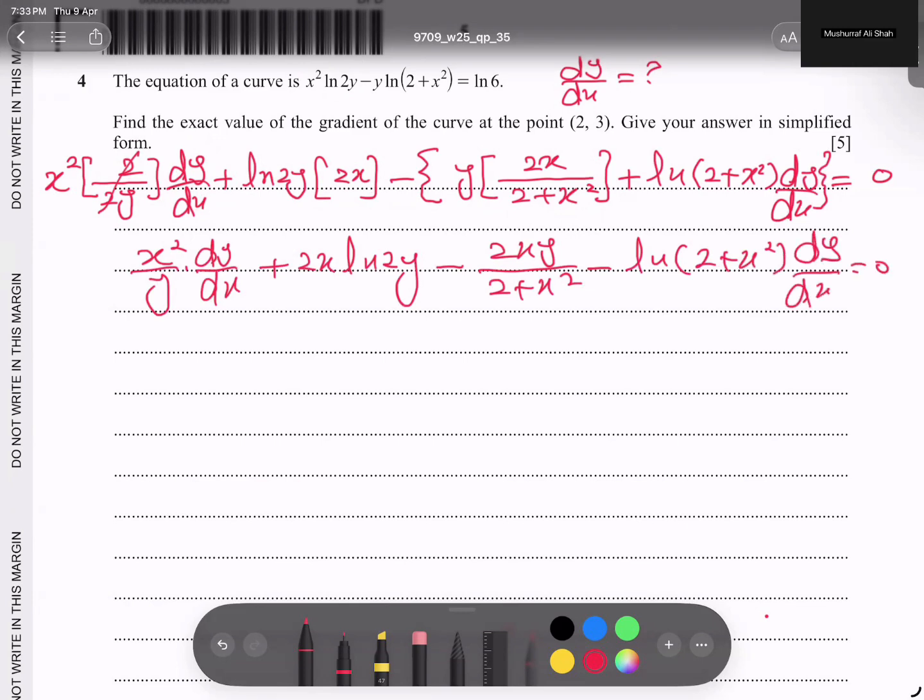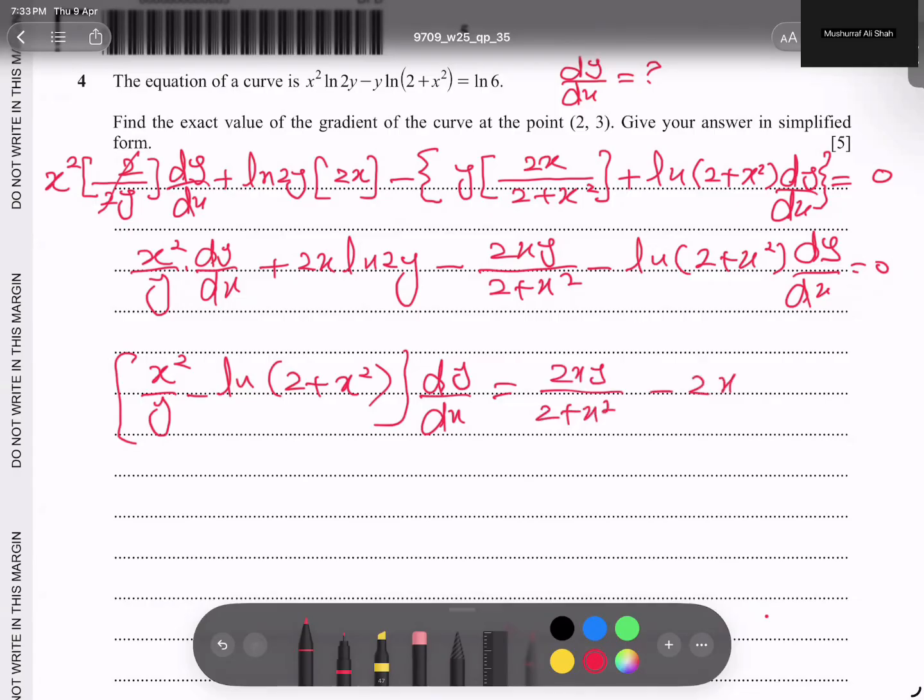And now how many dy dx do we have, students? 2 dy dx, so I will take it common outside. So I'm getting x squared over y negative logarithm 2 plus x squared. I have taken dy over dx outside, whereas these two terms I will bring directly to the other side. So I'm writing 2xy over 2 plus x squared negative 2x log of 2y.